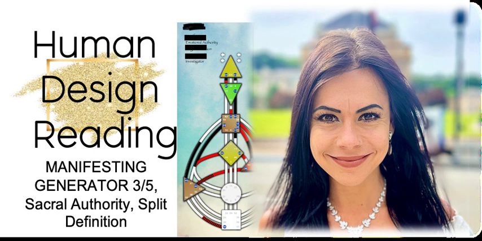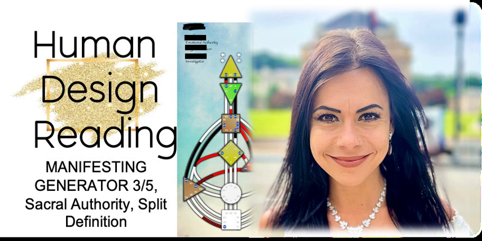Those are manifestors. Now, manifesting generators and generators have a responding energy type. They get to respond and come and say, okay, I can do this part, I can do this part, I can do this part. So the difference between manifestors and manifesting generators is that manifestors are the initiators.